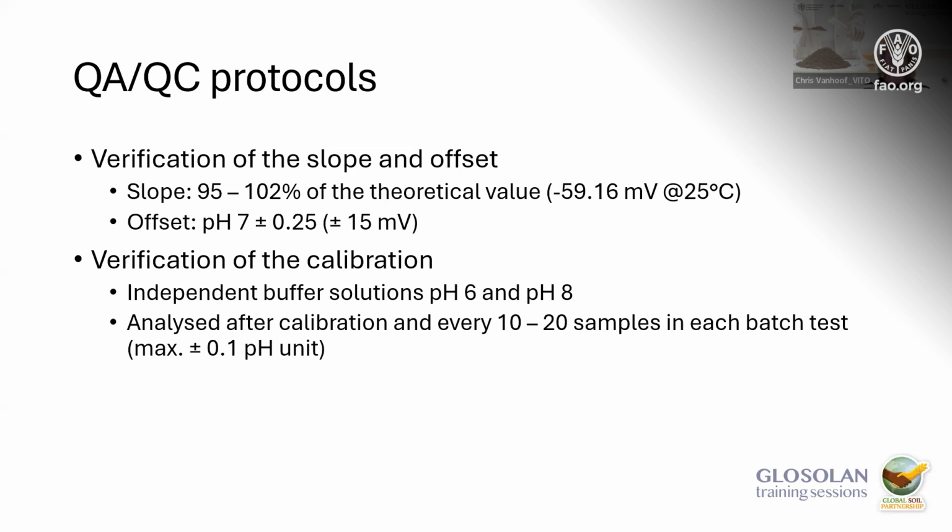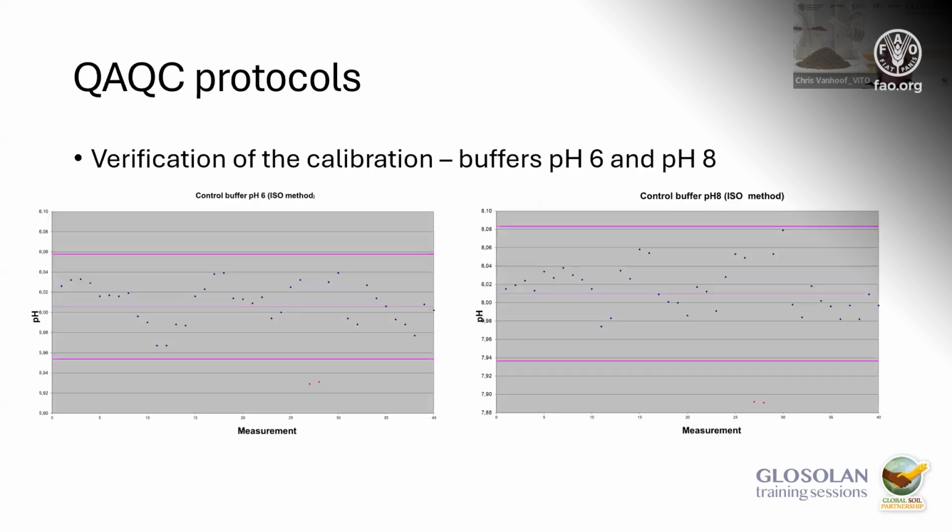That verifies that during the whole analytical run you maintain a good electrode, and checks that this electrode is still working properly. Normally, if it's not fulfilled, you have to remeasure the samples measured before the buffers that are not okay. That's a very important one: you constantly monitor the quality of your pH electrode.